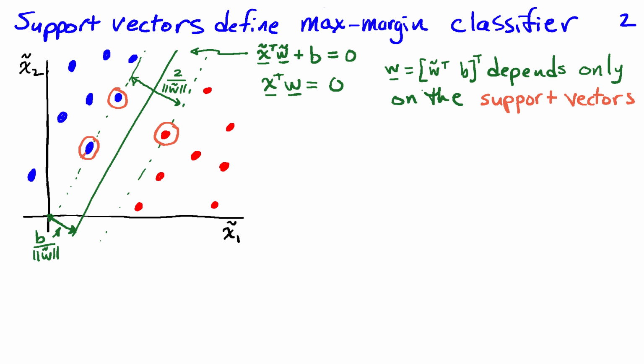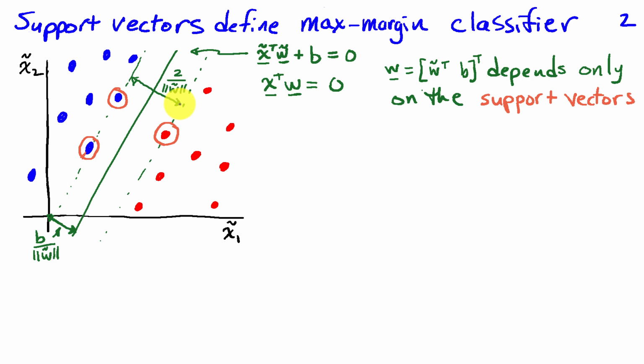So recall that if we have a collection of data points and they're linearly separable, as I've illustrated in this diagram here, where the blue data points correspond to one particular category and the red data points correspond to the other category, we can decide to define a classifier that maximizes the margin. In other words, it splits the largest difference we can find between these sets of data points.